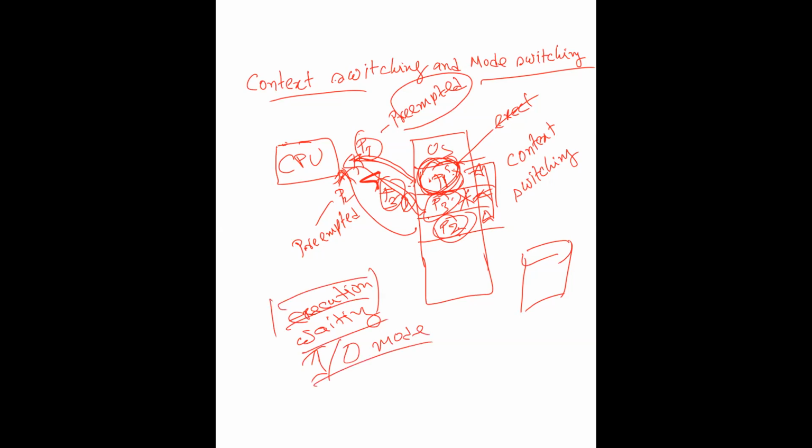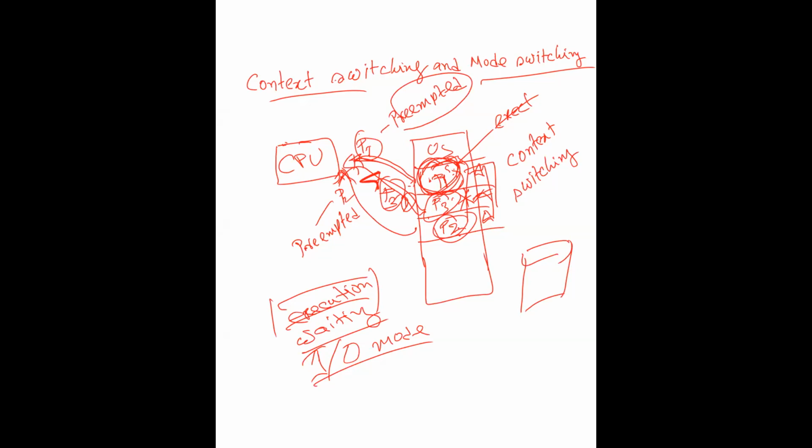From here you can understand that there are three processes: P1, P3, and P2. Let's say P3 comes to the RAM and there was no process, and P1 is currently being executed by the CPU.